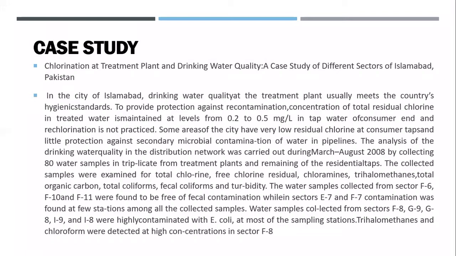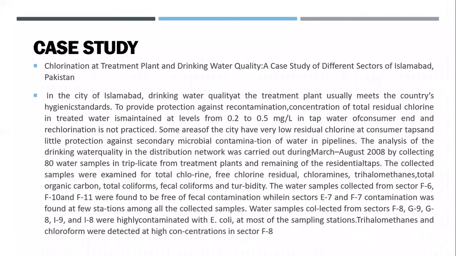The analysis of the drinking water quality in the distribution network was carried out during March to August in 2008 by collecting 80 water samples in triplicate from the treatment plant and the remaining from residential taps. The collected samples were examined for total chlorine, free chlorine residual, chloramines, trihalomethanes, total organic carbon, total coliforms, fecal coliform, and turbidity.